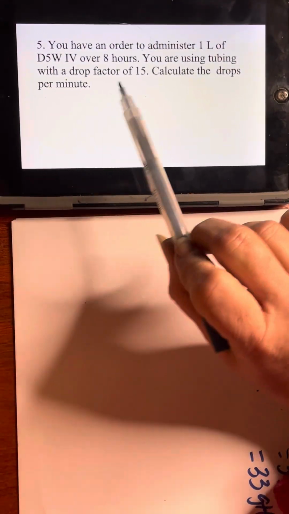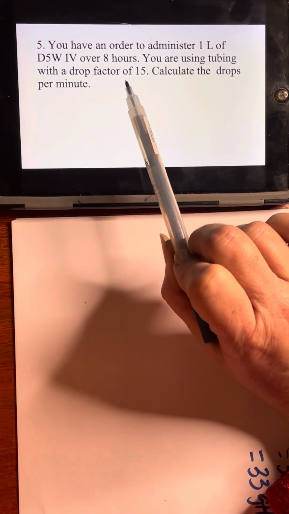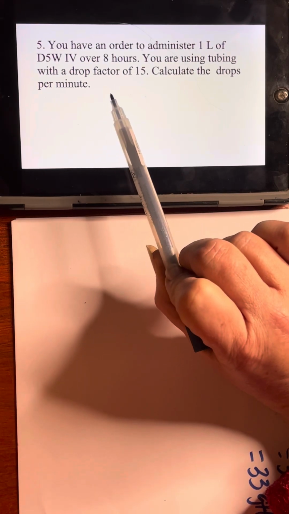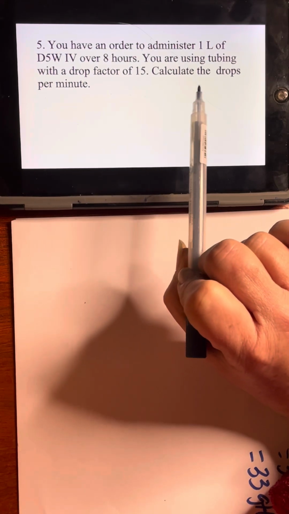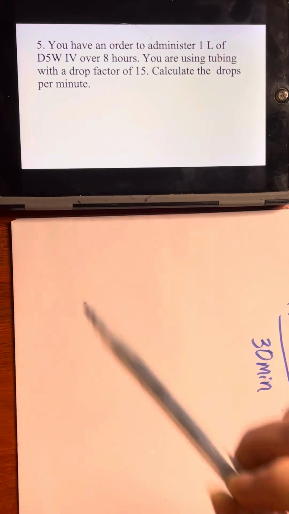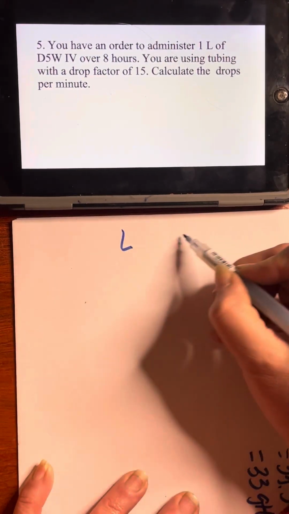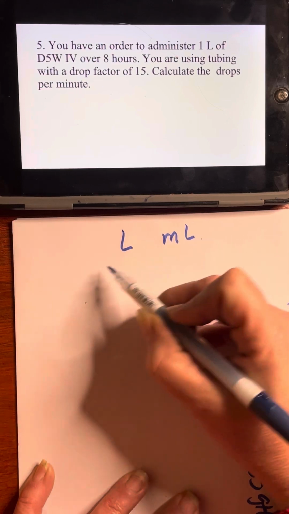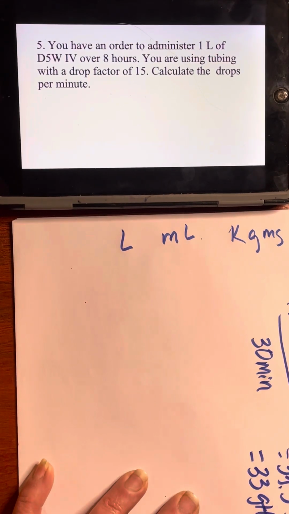Okay, so you have an order to administer 1 liter of D5W over 8 hours, and you're using tubing with a drop factor of 15. What are you going to do? So, 1 liter, you know how many milliliters that is. Liter and milliliter is cousin to kilogram, gram, milligram.